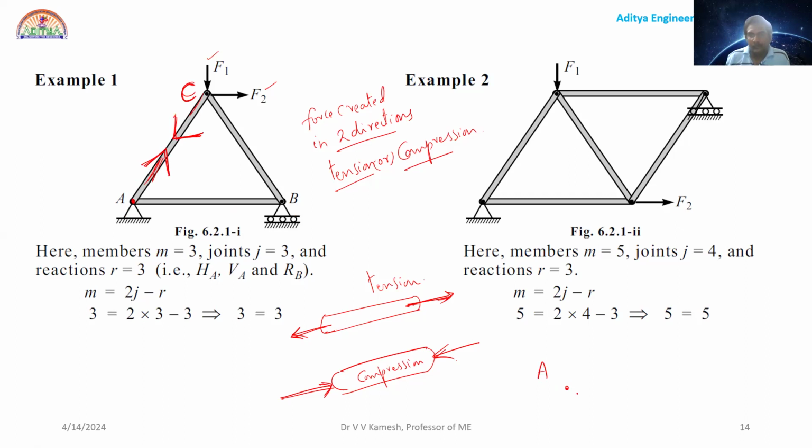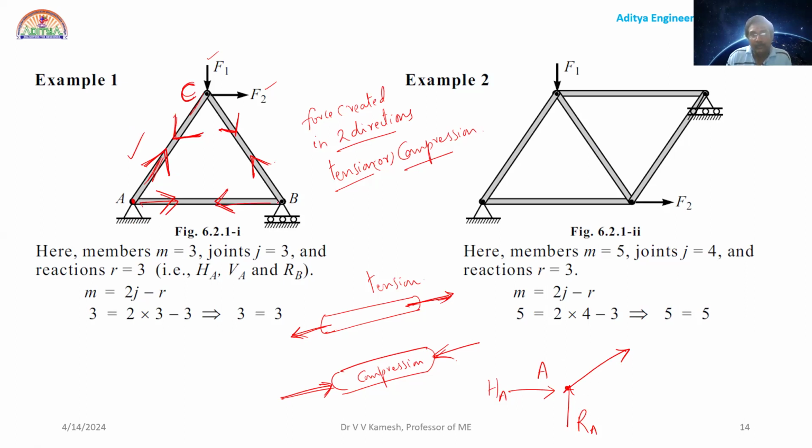Joint A. In the bottom right side, I am taking the figure joint A. Because this is hinged joint, HA will be horizontal reaction, RA will be vertical reaction. Suppose there is the force created in AC will be, I am thinking here compression, right? Here also in BC also, I am thinking compression. AB also, I am considering compression.